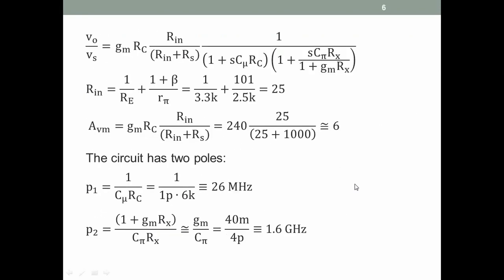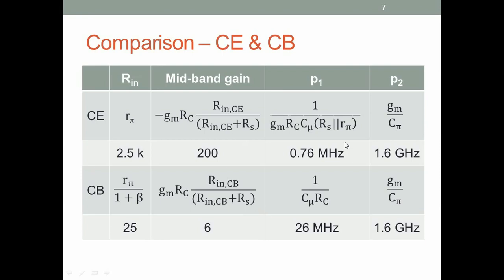So this is a very big advantage of the common base amplifier. It is much faster, or it can achieve much larger 3 dB frequencies.